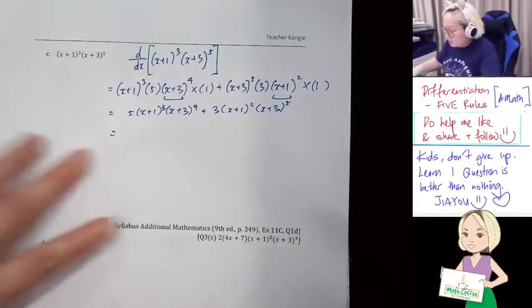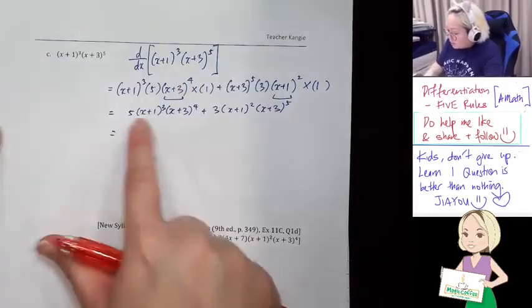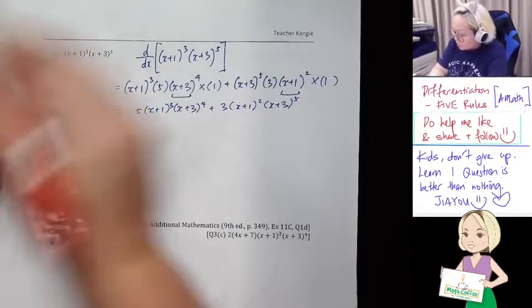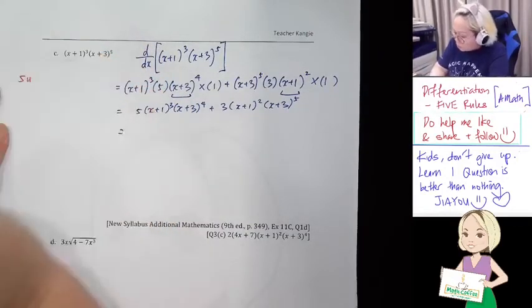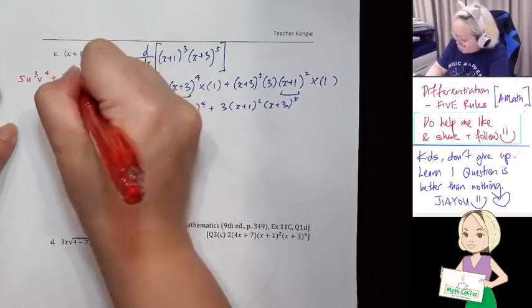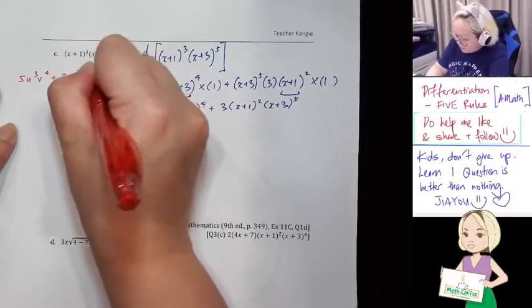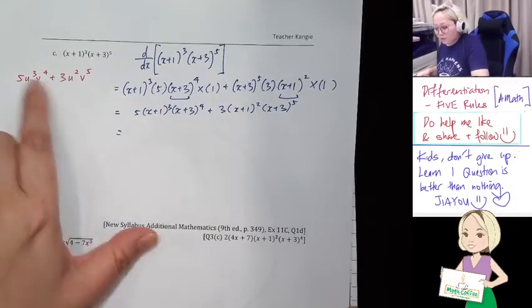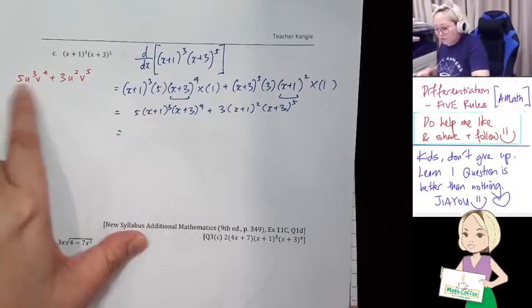I'm going to rewrite this at this side here, maybe I should use 5u^3v^4 plus 3u^2v^5. So actually I just replace the x plus 1 with u, x plus 3 with v, so it's easier to see.